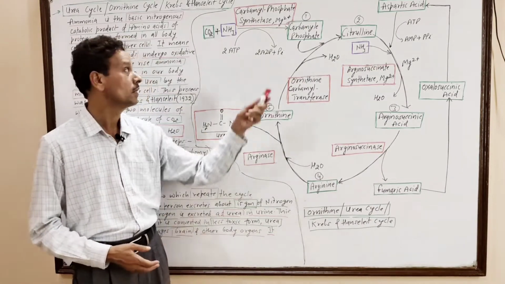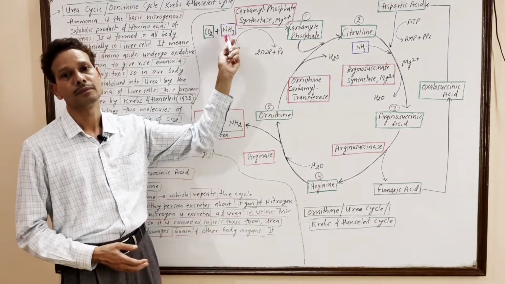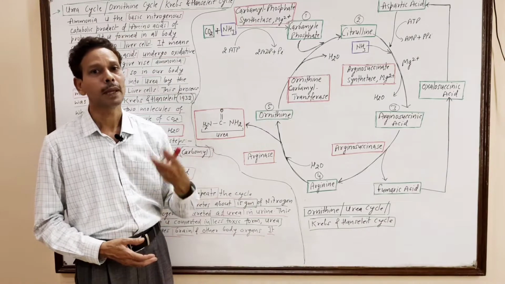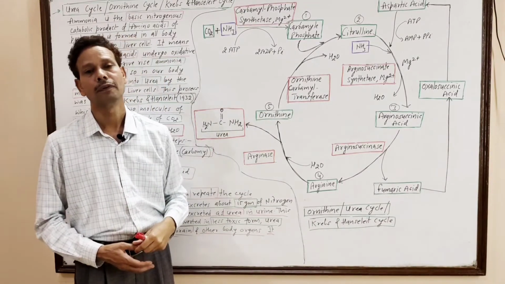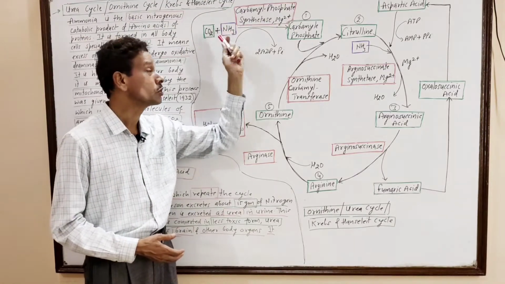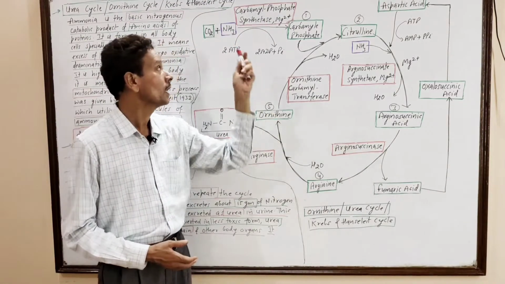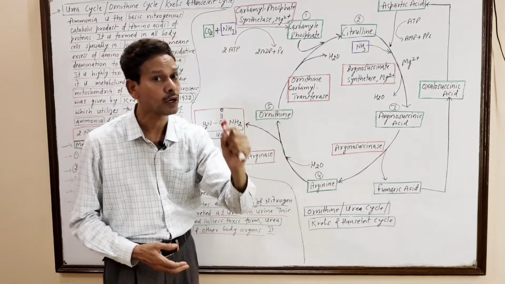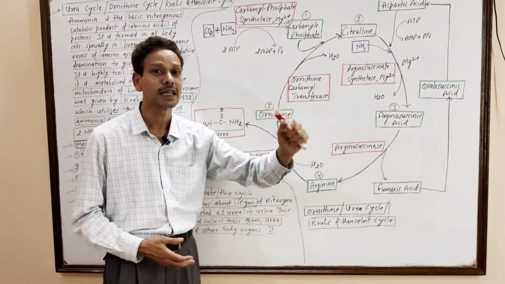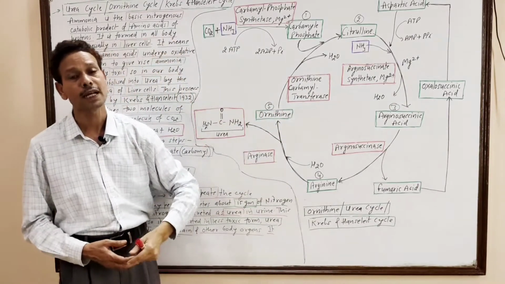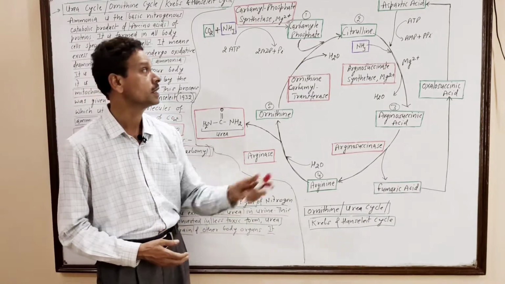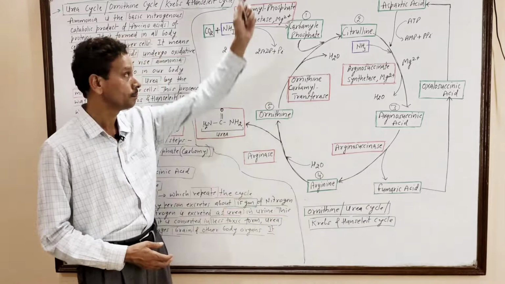In this process, the most toxic nitrogenous compound, basic catabolic product of amino acids, that is ammonia, is converted into less toxic form, that is urea. This entire process involves 5 steps.